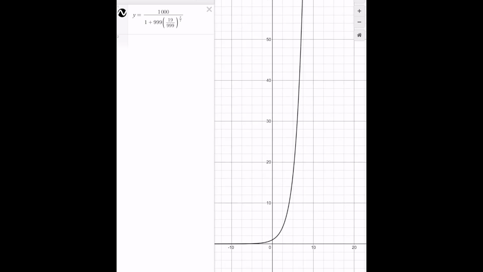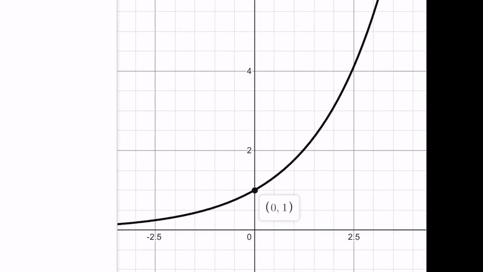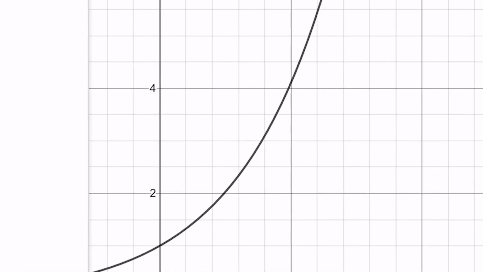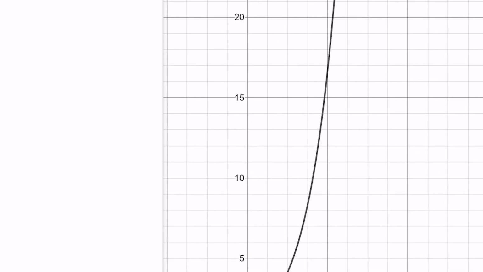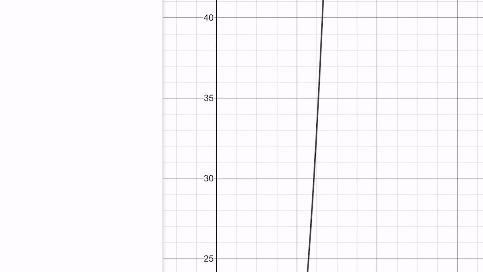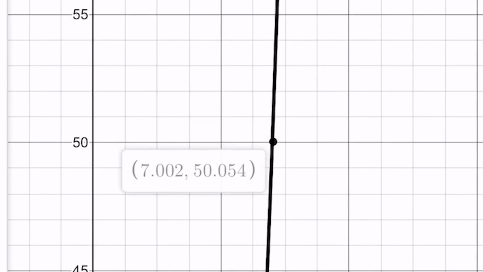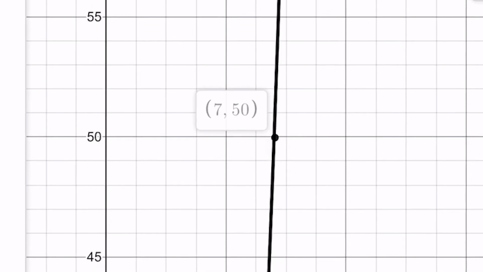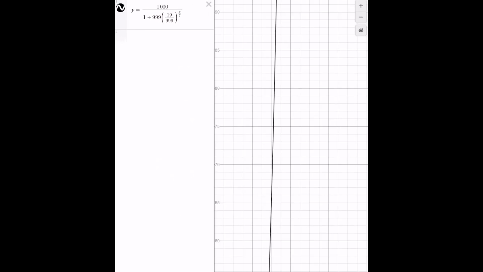So we decided a few things. We know that on day 0, 1 person has it. We saw that on day 7, 50 people would have it. So let's go see if that's true. It's not snapping, but there we are, 7, 50. And we projected that on day 12.2, there would be 500.